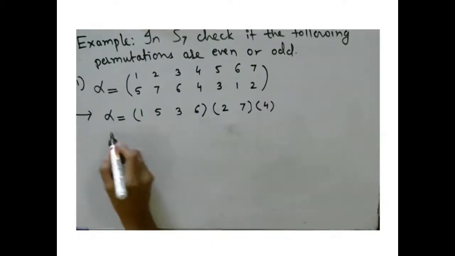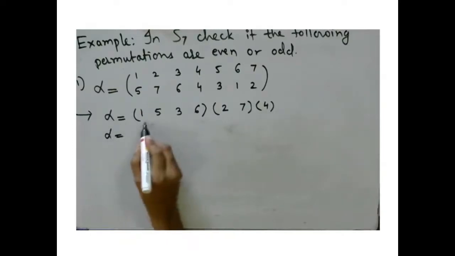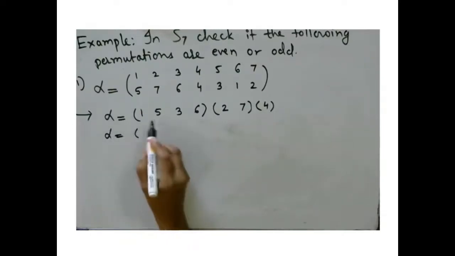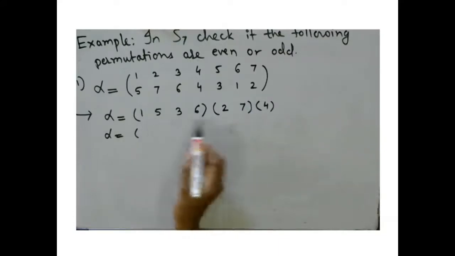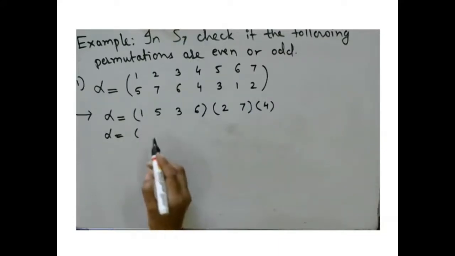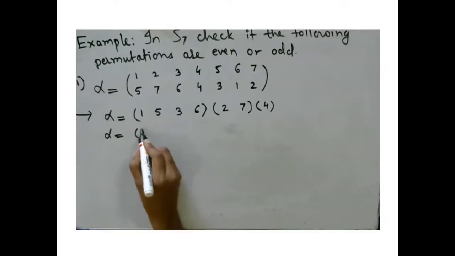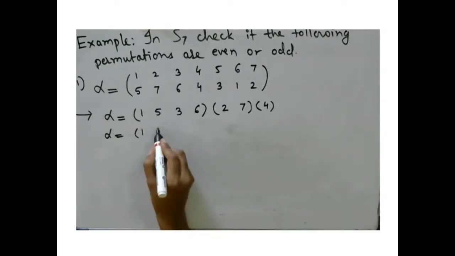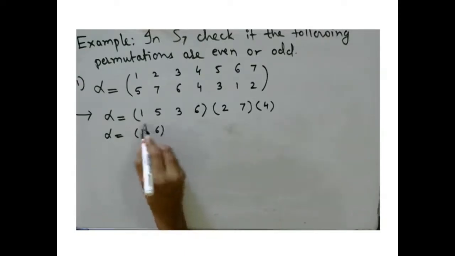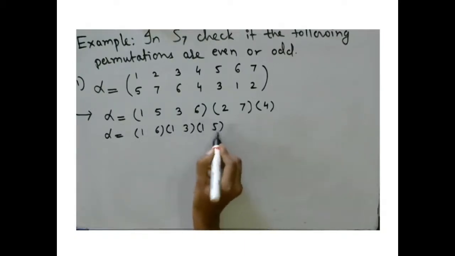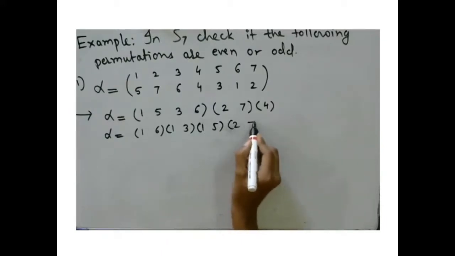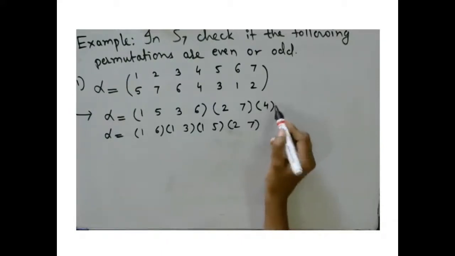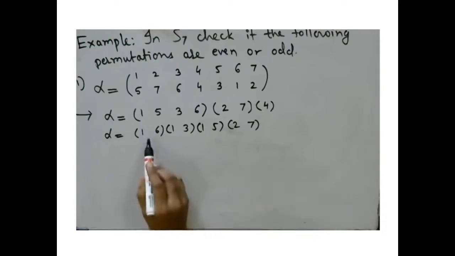Now you write it as a product of transpositions. This cycle, 1, 5, 3, 6, is of length 4, so you can write it as a product of 3 transpositions: (1 6), (1 3), (1 5). Then you have the transposition (2 7). And you can ignore the 1-cycle (4). So how many transpositions are there?